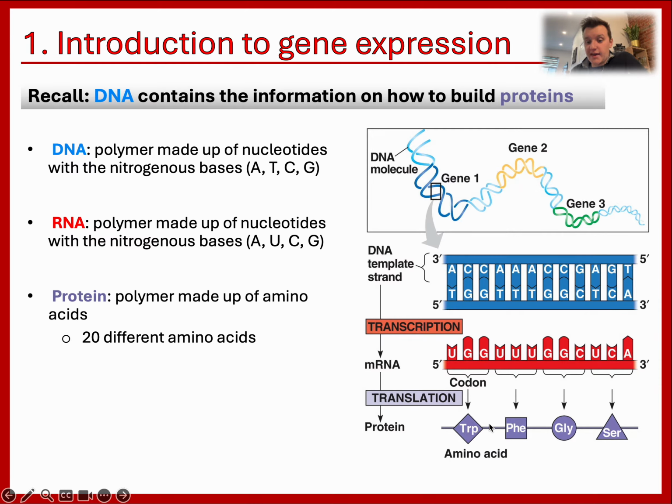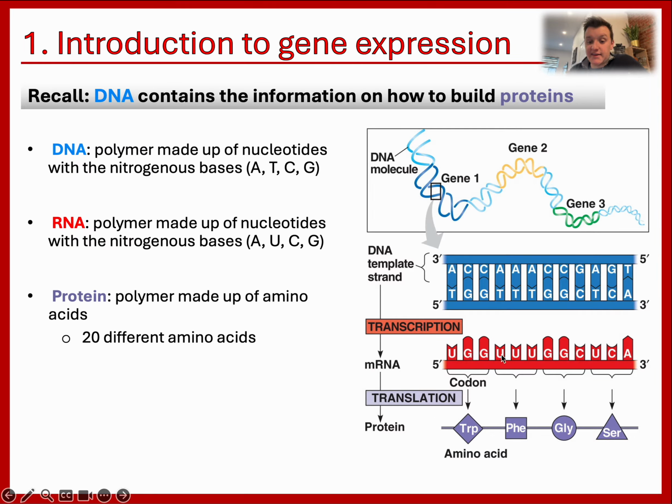So tryptophan, phenylalanine, glycine, serine, all of these. Remember, there are 20 amino acids that link together and form proteins. So that's going to be our final product, all folded up nicely to do its function.